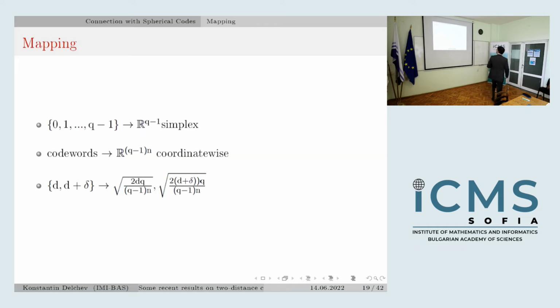And it goes the following. So basically we go from Q to R to Q minus 1 by simplex, by mapping each element to one vertex of said simplex. And then the code words are translated in this way coordinate-wise, so we actually start gluing simplices.